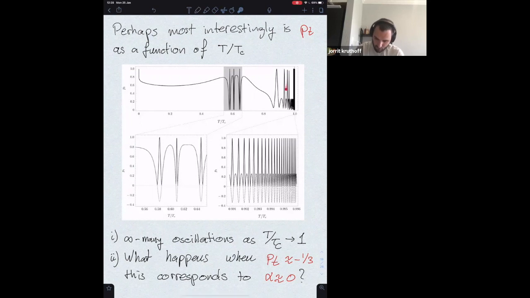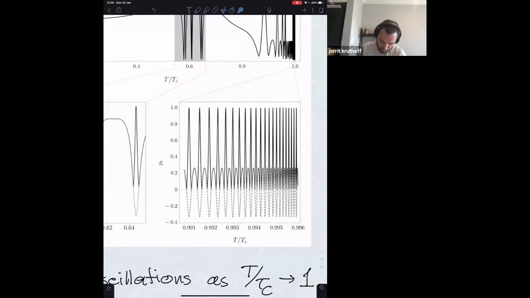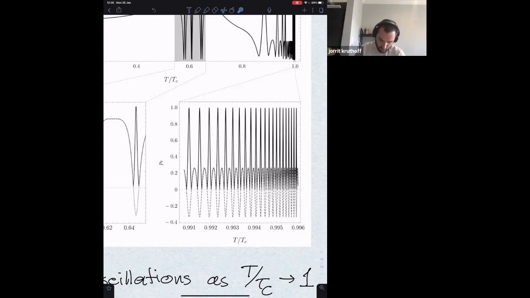So very close to this critical temperature, there's an infinite number of oscillations. And what I plotted here, just to zoom in a little bit more, is a gray dashed line and a black curve. This gray dashed line is the intermediate value of the Kasner exponent, whereas the black line is after the inversion.